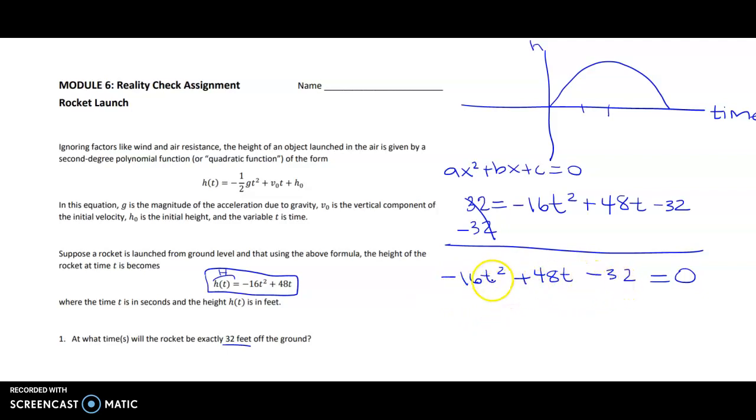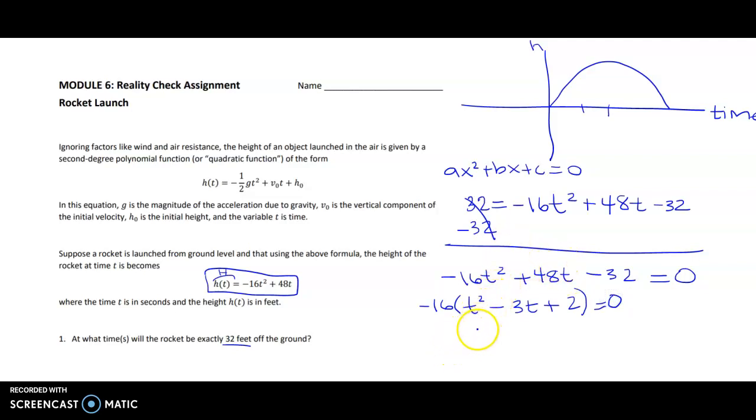Only 2 of them have t's, so I can't factor a t out, but I could factor out a negative 16. Each of these 3 numbers is divisible by 16. So let's factor out negative 16. To factor, we just divide each. Negative 16t squared divided by negative 16, we're left with t squared. Positive 48 divided by negative 16, we have a negative 3t. And negative 32 divided by negative 16, we have plus 2. So it looks a lot nicer, right?